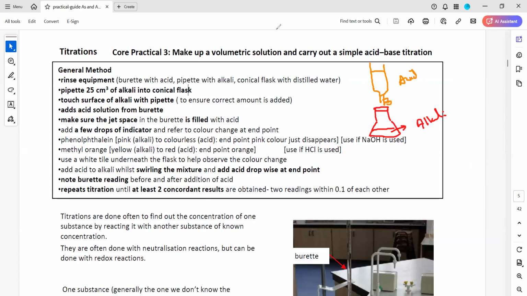So what is the original color? If phenolphthalein was used, then the original color will be pink, because phenolphthalein is pink in alkaline solution.